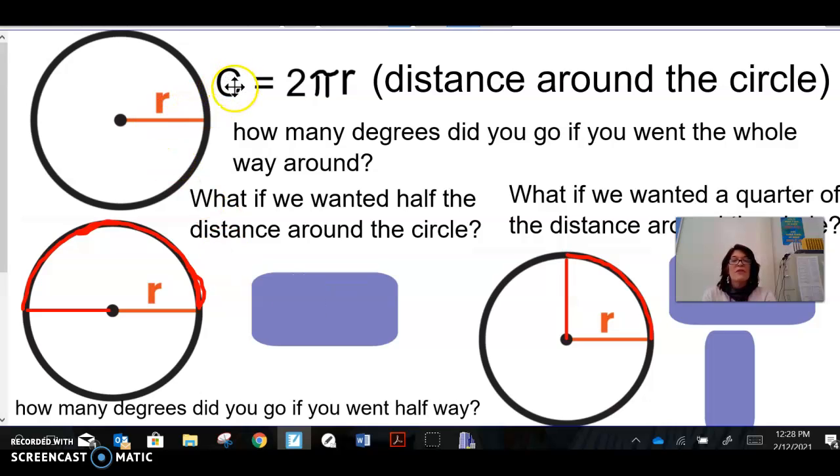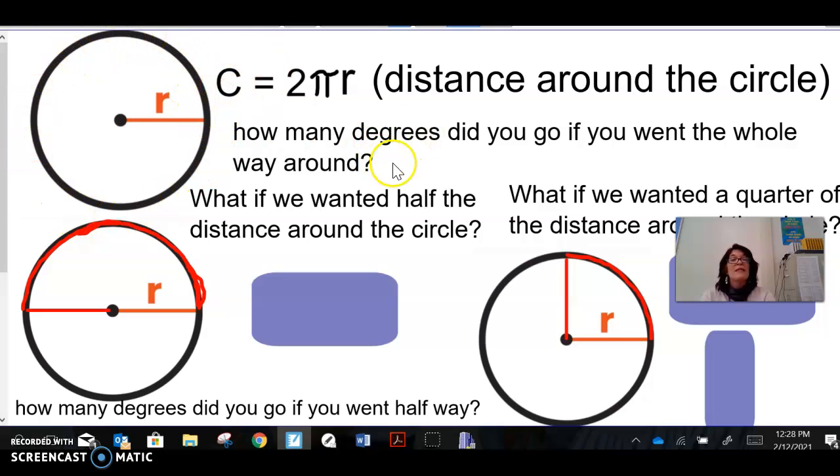Most of us learned that the circumference of a circle is 2 pi r, right? That's the distance around the circle. You take 2 times pi times the radius. That's the circumference. That's how far this is.